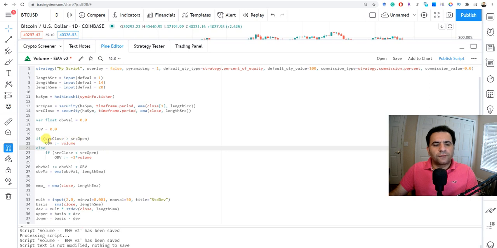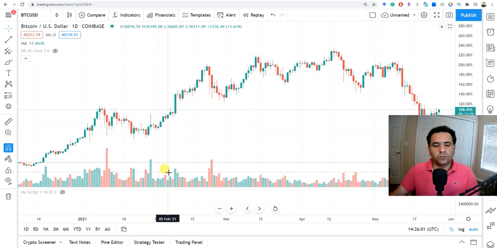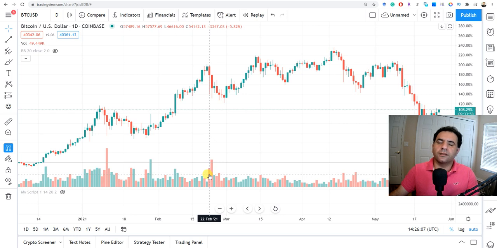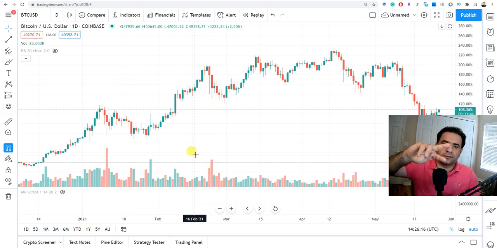Next line, if close is greater than open, it means we have an increase in the price. So the volume, like what we have here, is not just a bar like this one. We are giving it a sign. We want to say if the price has dropped, it's negative, so flip it. And instead of having a bar, we want to have an upside down bar.